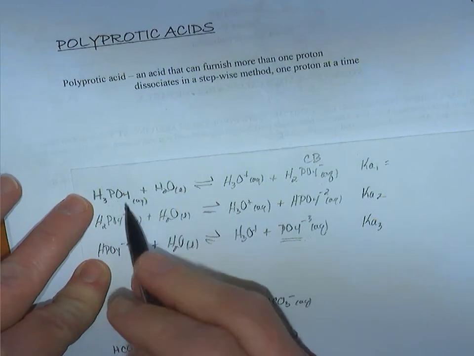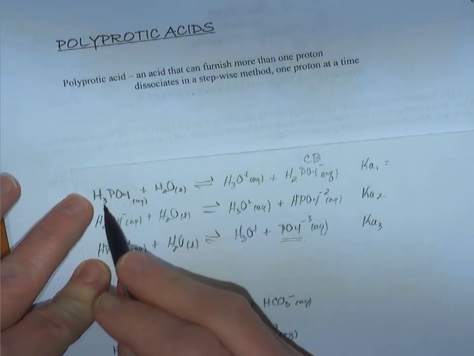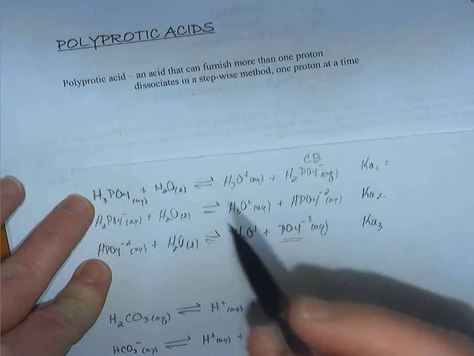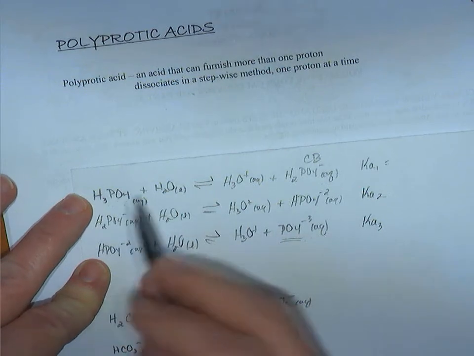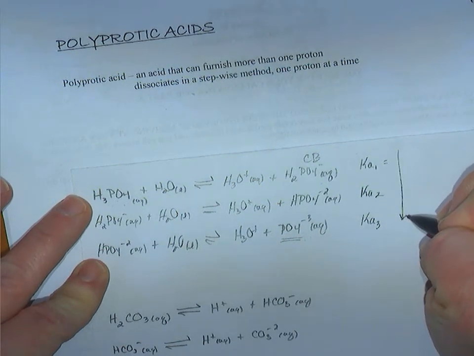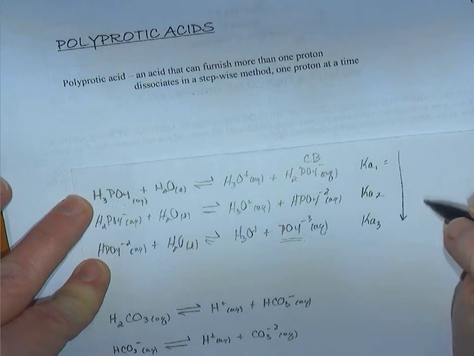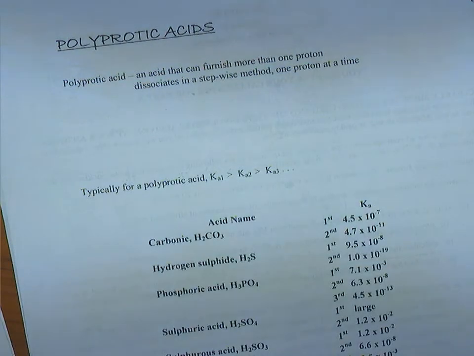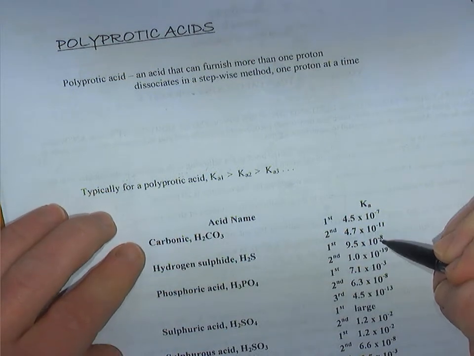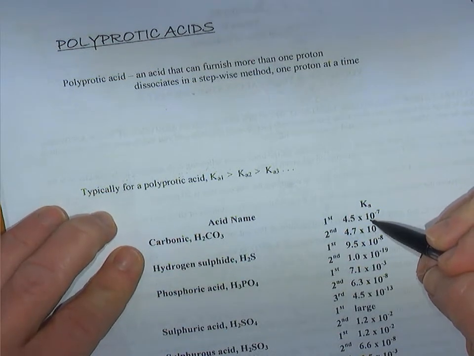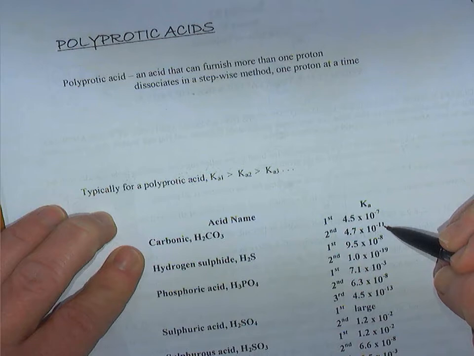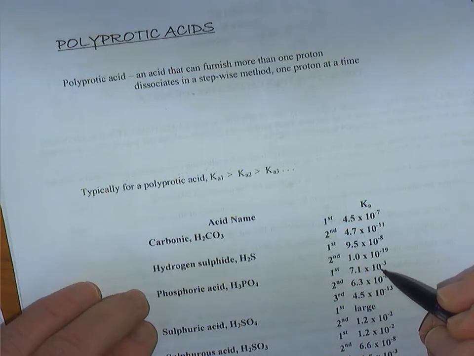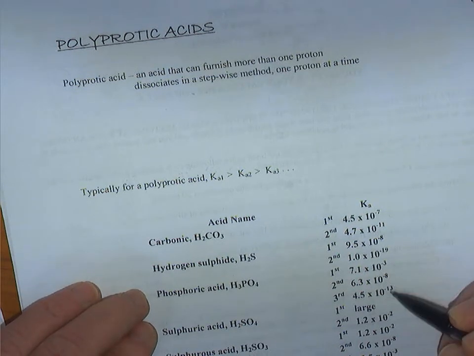The release of the first hydrogen ion happens to the greatest extent. With polyprotic acids, the release of the first hydrogen ion is from the strongest acid. Ka values of consecutive acids decrease in strength. If we look at carbonic, we go from 10 to the negative 7th to 10 to the negative 11th. Your phosphoric, negative 3rd to negative 8 to negative 13.